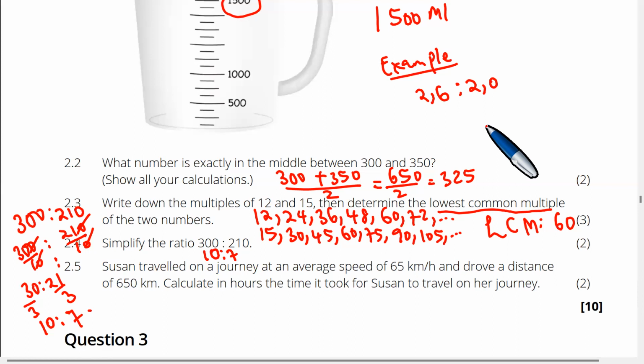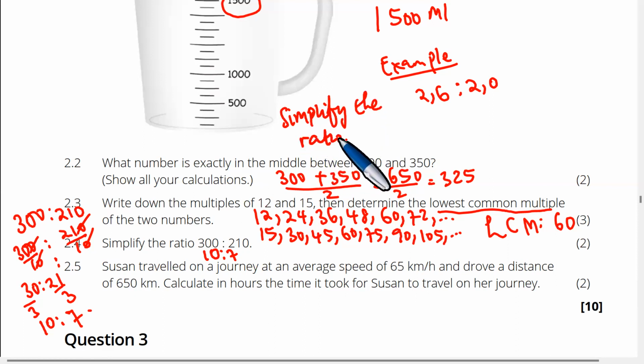The question is simplify the ratio. Simplify the ratio. What do you think?